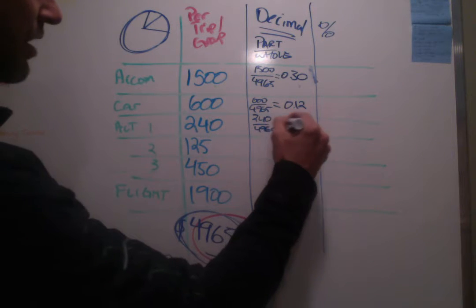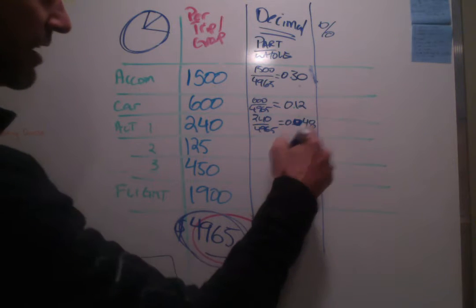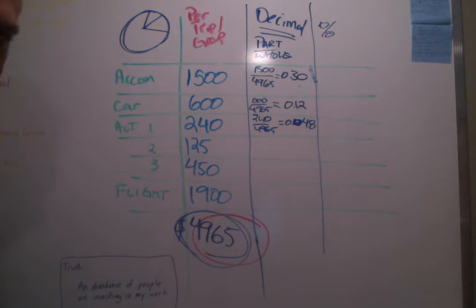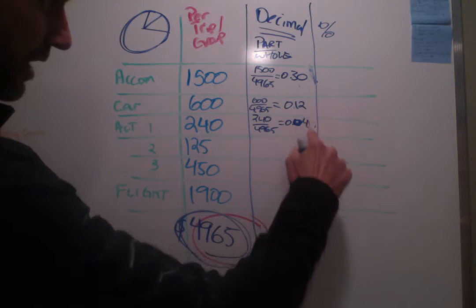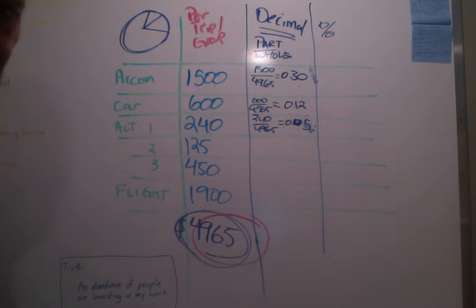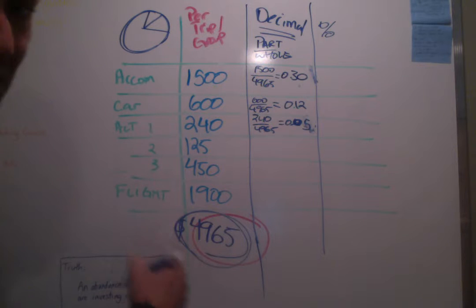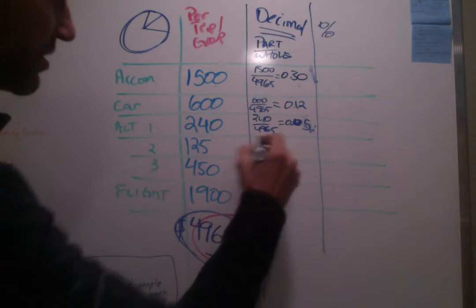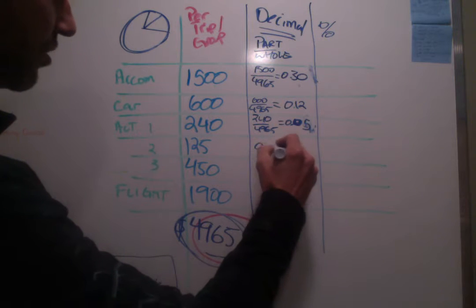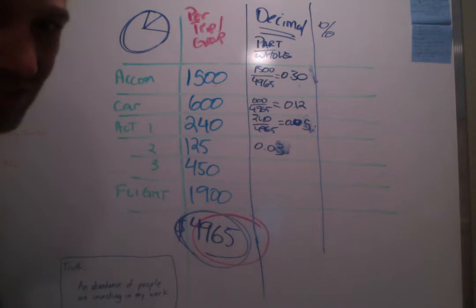Now here's a good one. 0.048. Is 8 bigger or less than 5? It's bigger, so now I have to round this up to 0.05. Okay, make sure you are really clear with your decimal points. The next one down is going to be 0.025. We round up to 0.03.